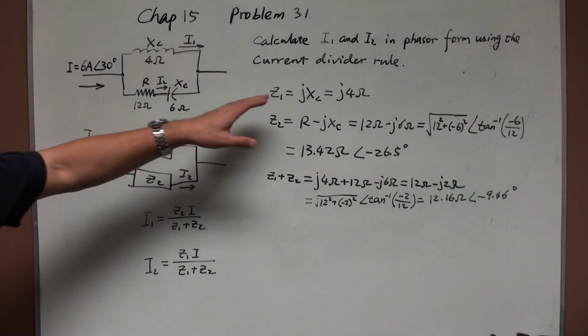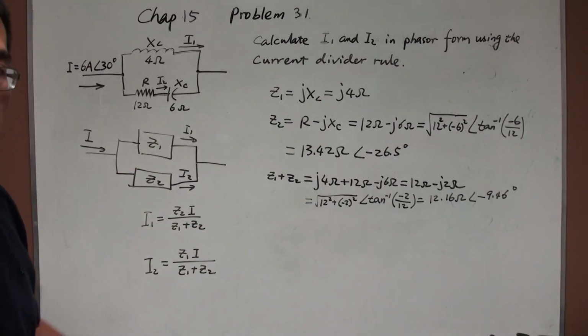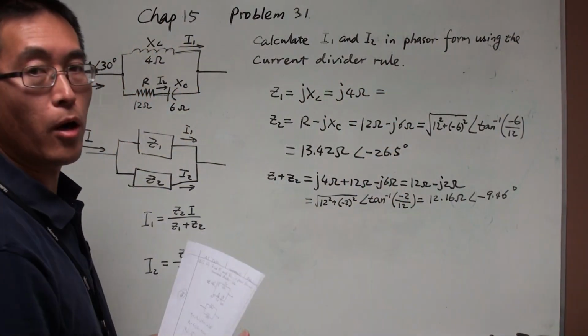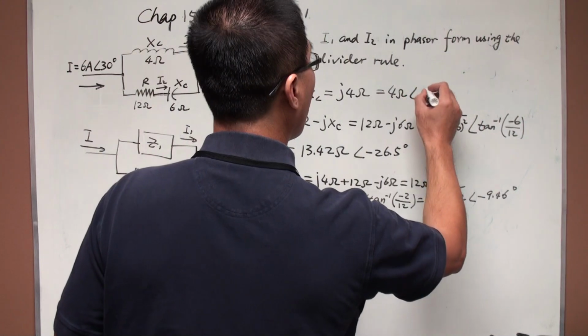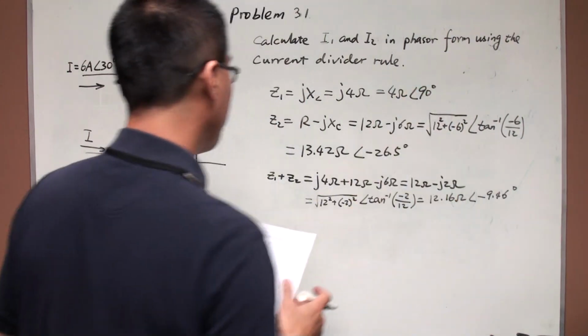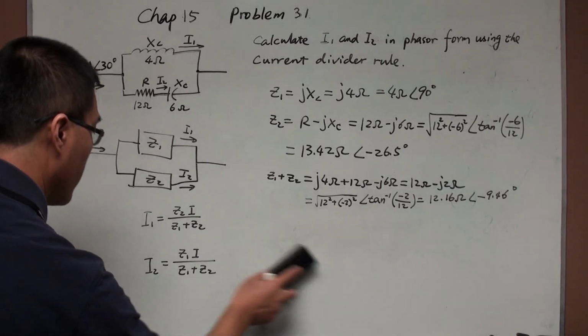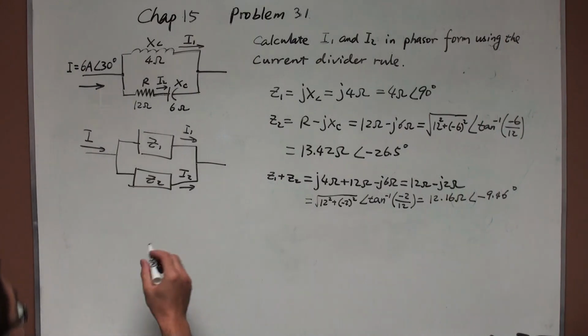Once we have all these individual impedances, for Z1, if we convert this into polar form, it's equal to 4 ohms with 90 degrees. So for I1, let's rewrite this down here.